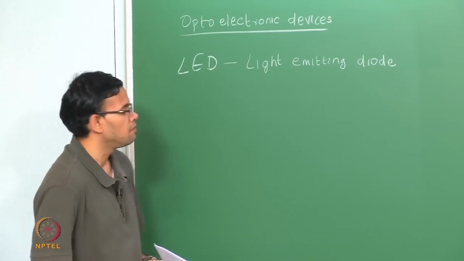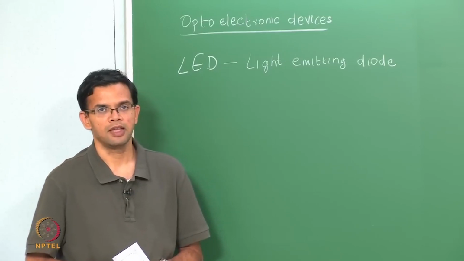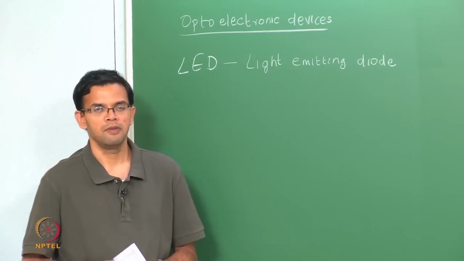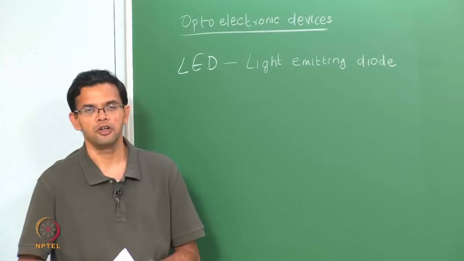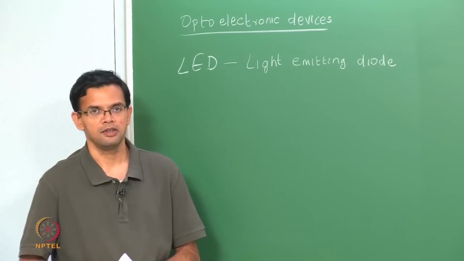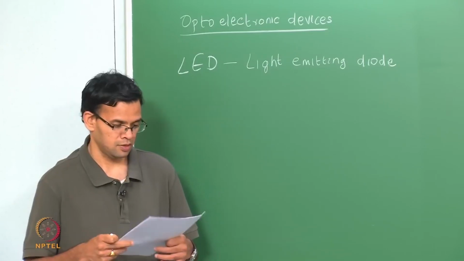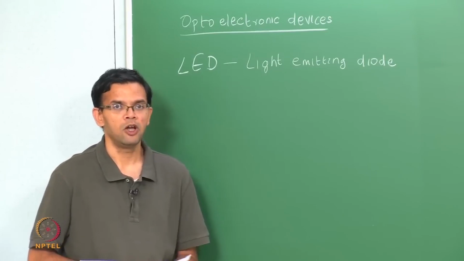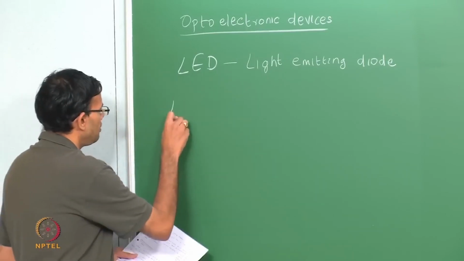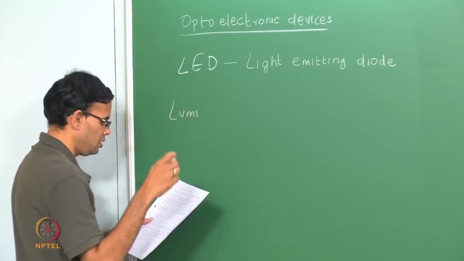So, LEDs and lasers belong to the category of devices where by injecting carriers you produce light. Later we will look at a photodetector and a solar cell where the reverse process happens. So, LEDs belong to the general category of luminescent devices.